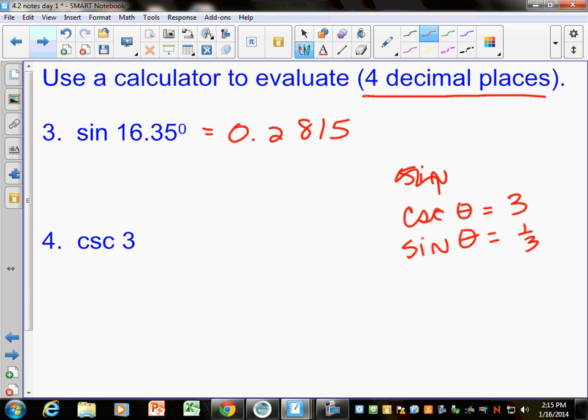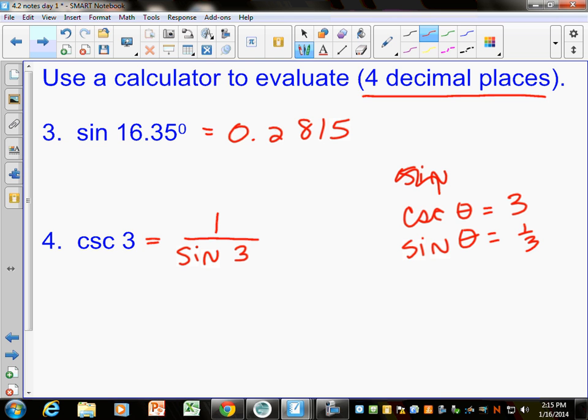So we're allowed to just flip this over. But the difference is over here, you can't just take the sine of 1/3 because that's the answer part. But what you can do is if you see cosecant of 3, you can say that's just the reciprocal, 1 over the sine of 3. So that's why there's not a cosecant, a secant, and a cotangent button, because you don't need it. You can just take 1 divided by that.